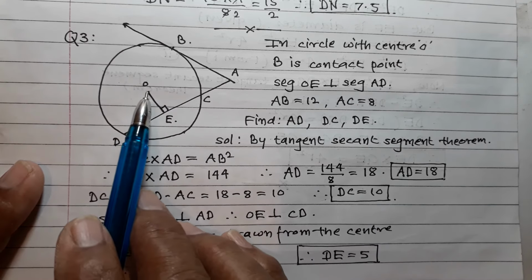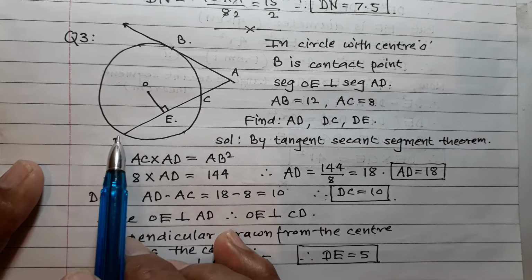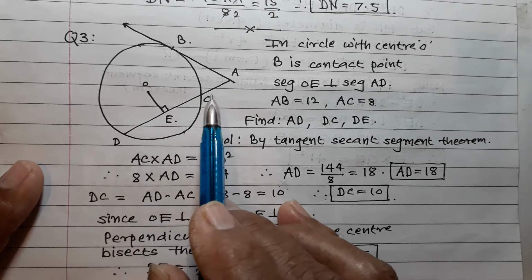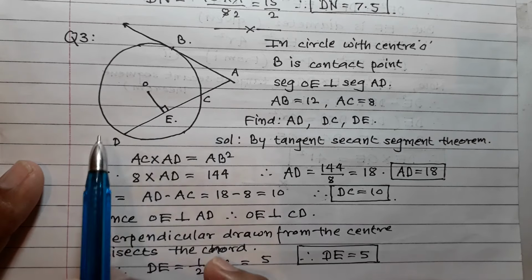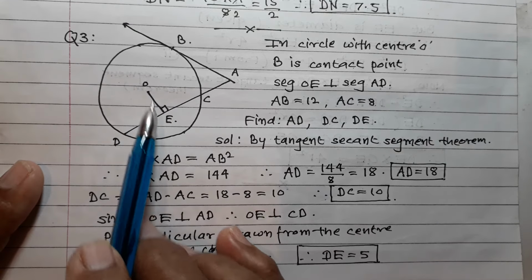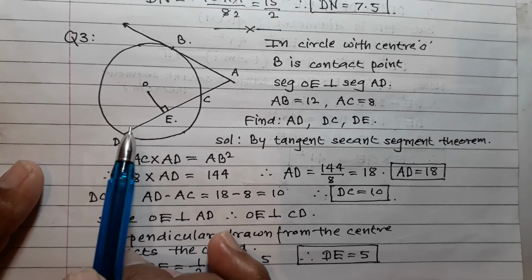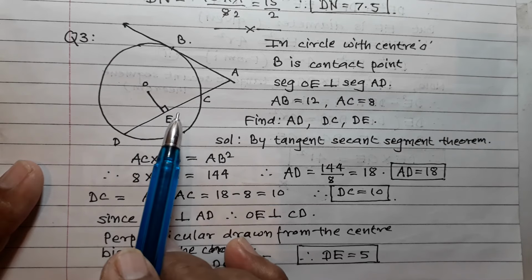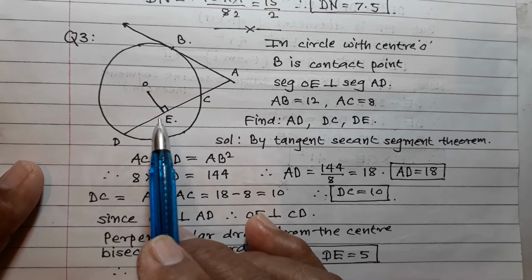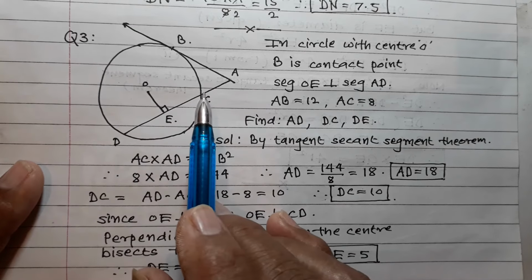Now in this case, this is perpendicular to this secant given, that means it is perpendicular to chord DC. So the perpendicular drawn from the center of circle to the chord bisects the chord, and therefore DE is equal to half of DC.